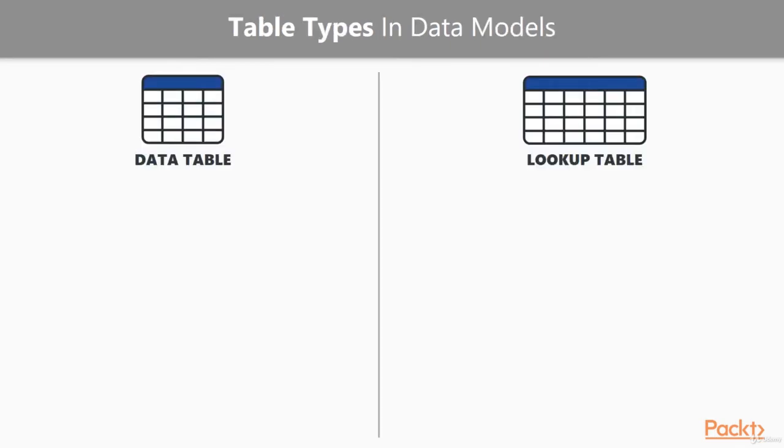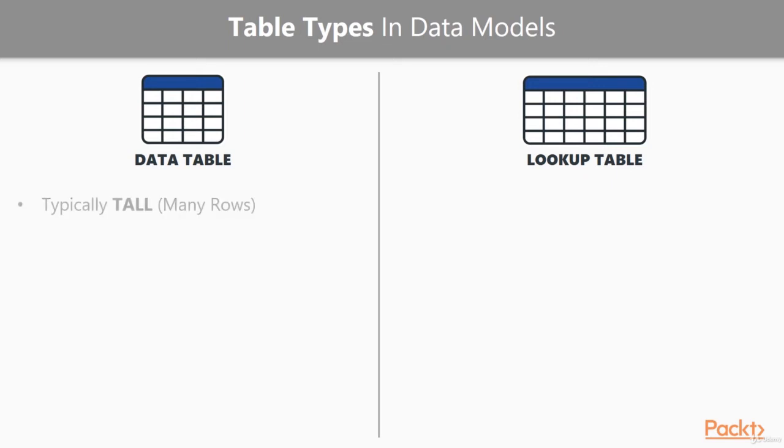Now, let's briefly run through some common characteristics of data tables and lookup tables to help you identify them in the future. To be fair, there are exceptions to each of these descriptors, but in general, they apply in most cases. As we run through these characteristics, let's consider using our sales and products table from the previous slides as examples for our data and lookup table.